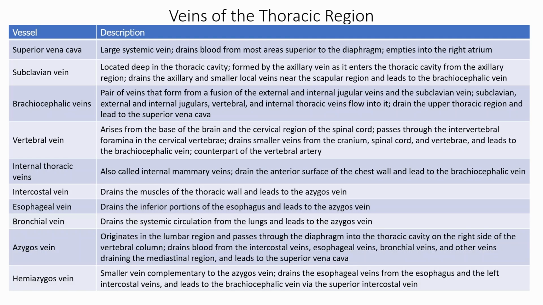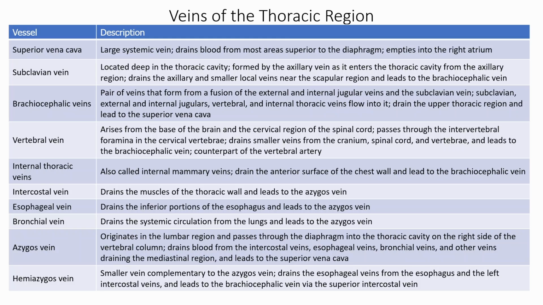So if we look at what these guys are for, again, most of these we have at least an idea, right, because they're very similar to the ones we saw on the artery side. I'm just going to point out the ones that are a bit different, like the azygos and the hemiazygos, which are going to originate in the lumbar region. They're going to pass upward through the diaphragm to drain blood from the intercostals and whatnot.